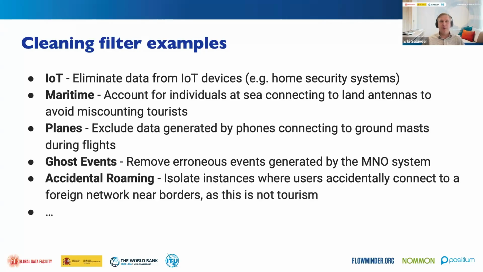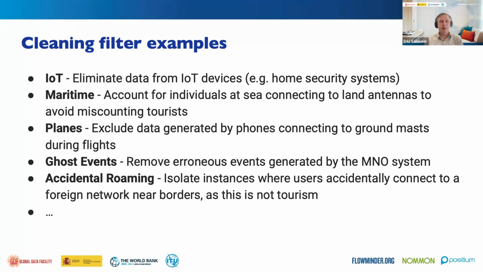You could think of home security systems, or for example, those trackers that are put onto the trucks that are moving around. So these are not people, and we need to exclude them from the data. We also know that the number of Internet of Things devices is increasing. So it's an increasing problem to deal with when we do statistics about human mobility through mobile phone data.